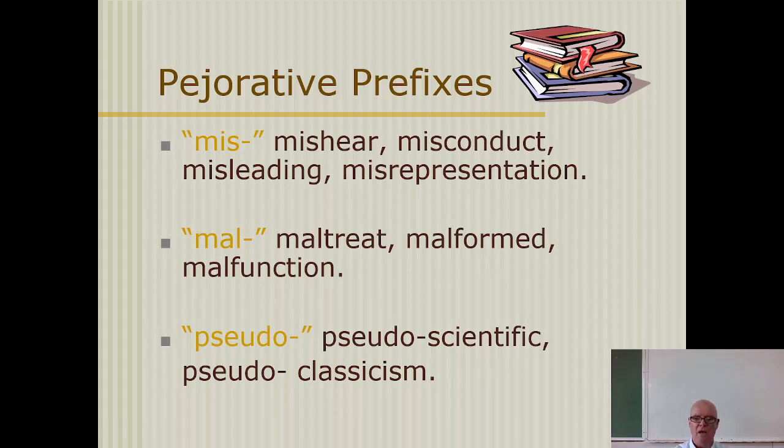Mal: maltreat, malformed, malfunction. Malfunction means something does not work, right? I can say, oh, the projector in the classroom is malfunctioning. It doesn't work, it doesn't operate. I cannot turn it on or off, right?